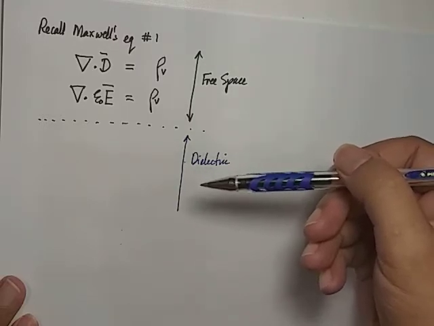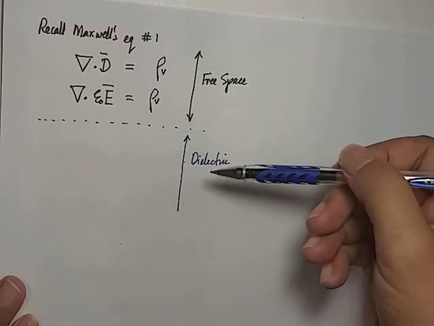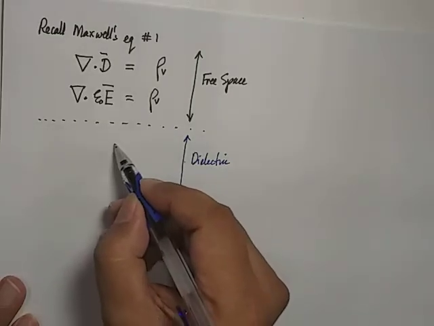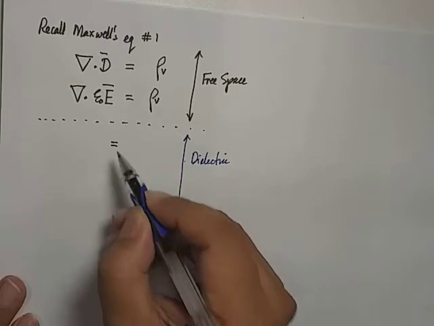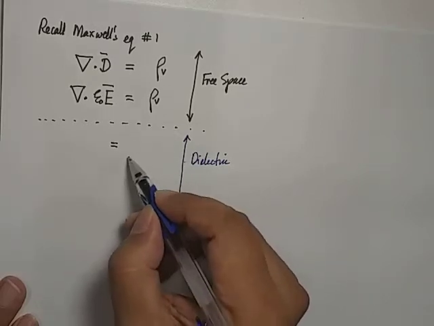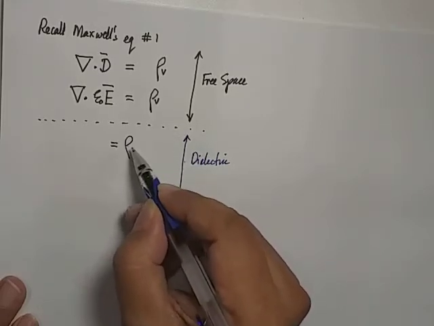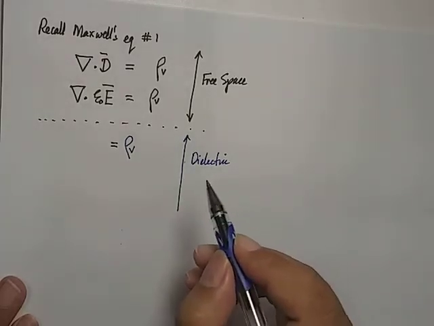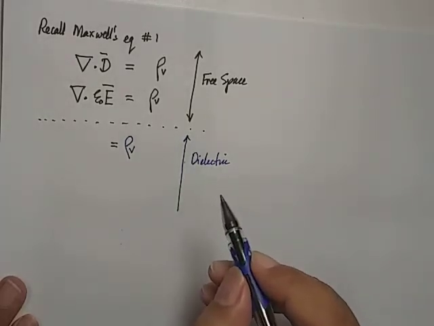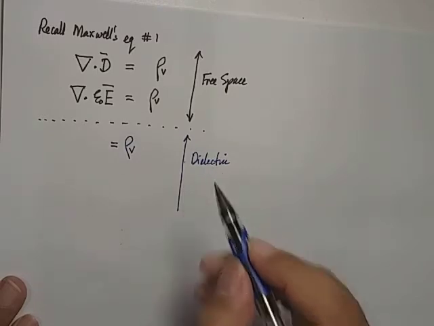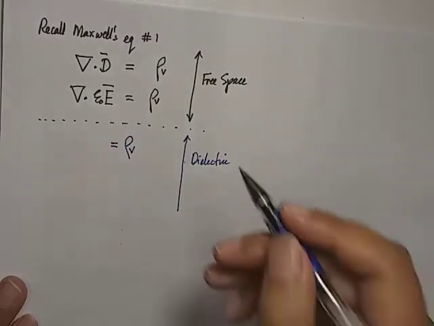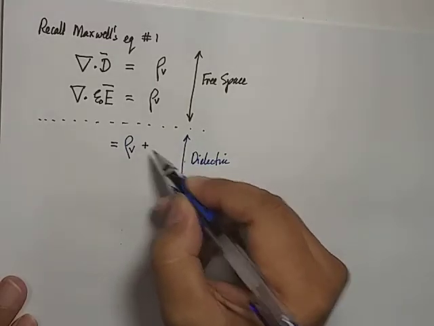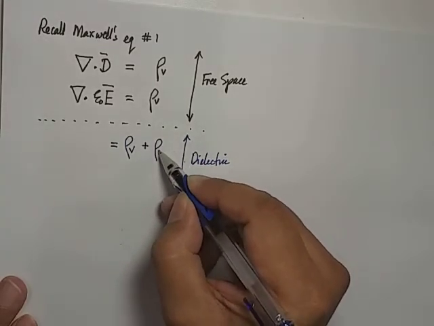What we can conclude is that in the dielectric medium, there are two types of volume charge. The first one is the normal volume charge that we saw before in the free space medium. But especially for dielectric, there's a new volume charge that we introduced just now, called bounded volume charge.